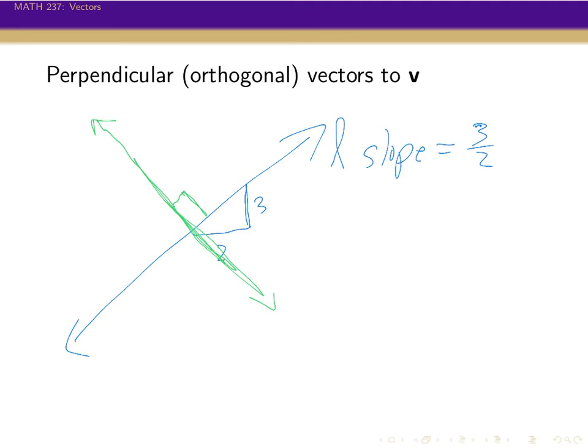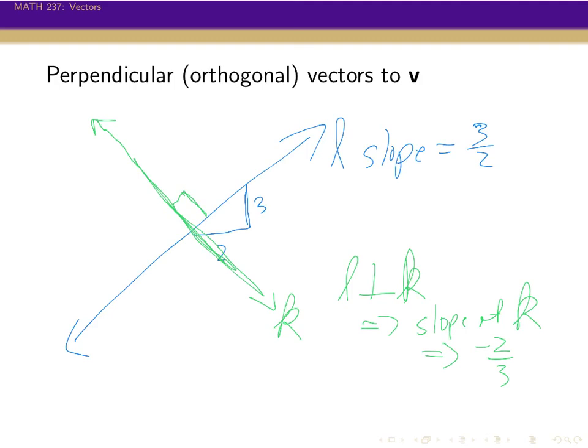Let's call this line fancy script K. Well, then what's the slope of K? Well, the trick to get perpendicular slopes, if L and K are perpendicular, that means that the slope of K is the negative reciprocal of L. And so the slope of K in this case is going to be minus 2/3.